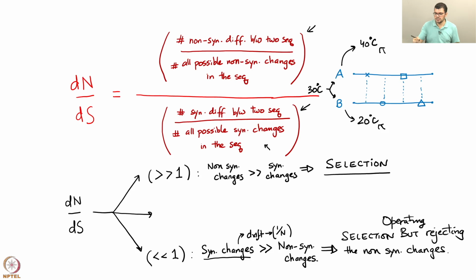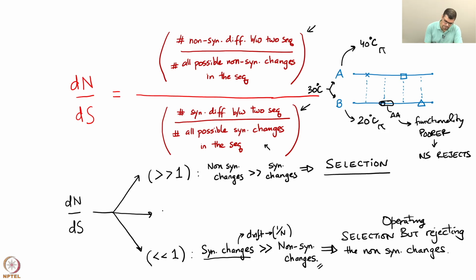Because with non-synonymous changes, the new amino acid incorporated because of this mutation makes the functionality poorer, and as a result natural selection rejects this variant. So, in cases like this, you will see very few non-synonymous changes actually taking place.